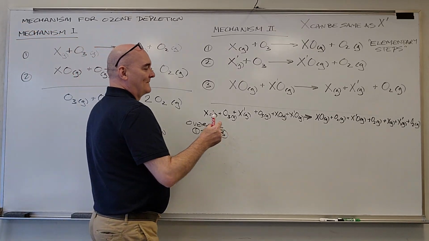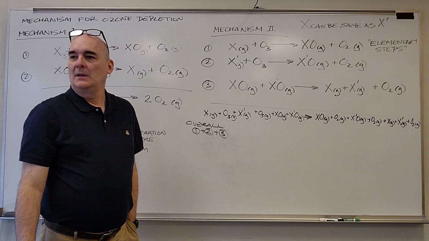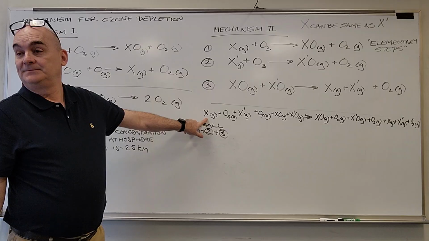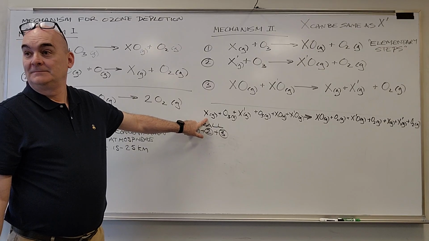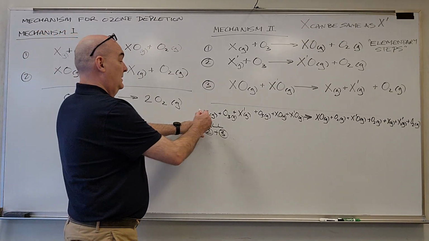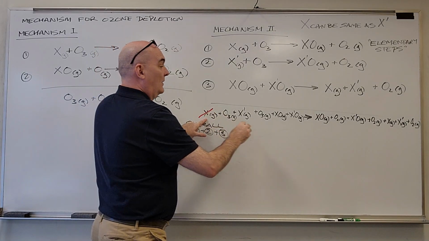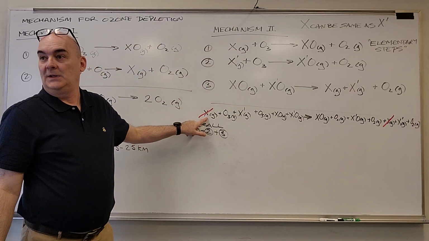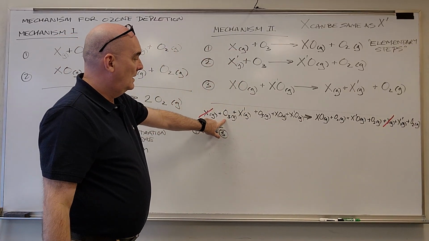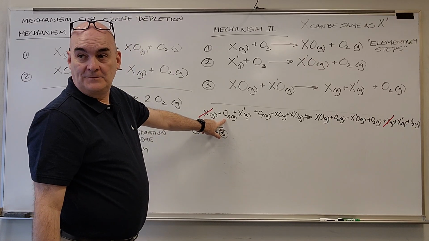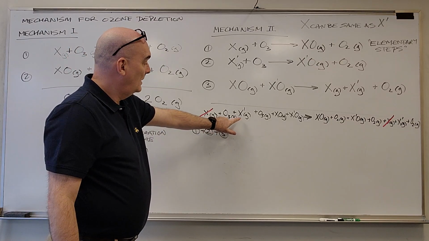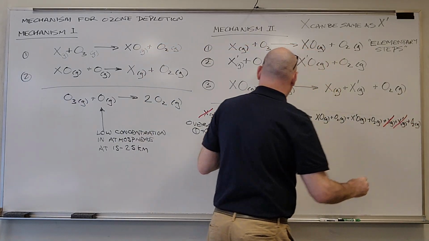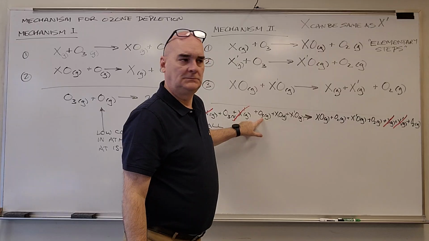Yeah. Okay. That's an equal sign. If something is on both sides of the equal sign, it's got to go. Yes, this X appears on both sides of the equal sign. It's got to go. O3, ozone? No. X prime? Yes. Got to go. O3? No. Nope.